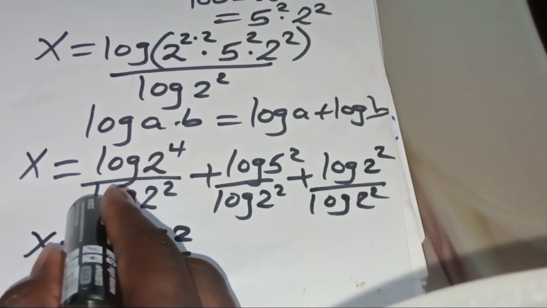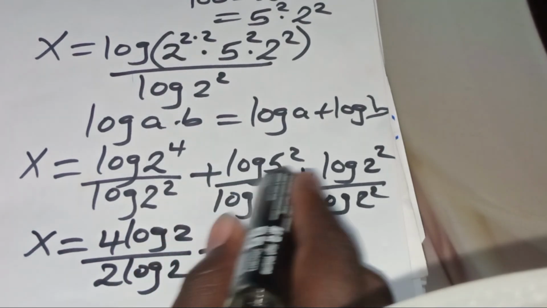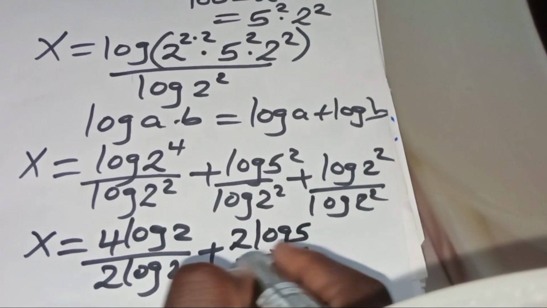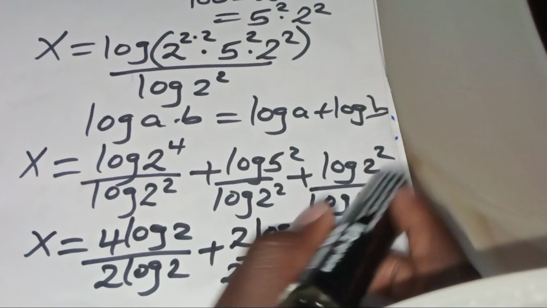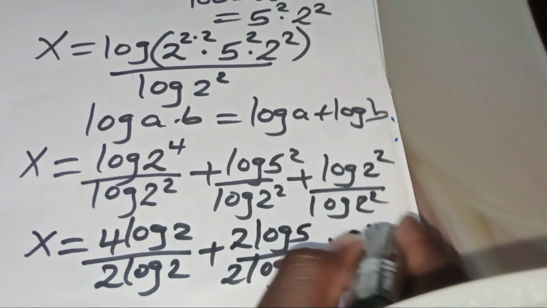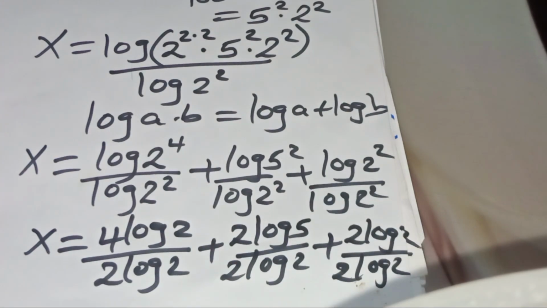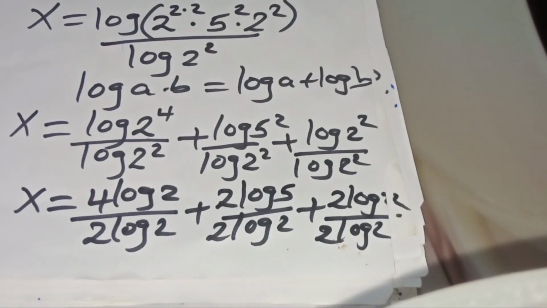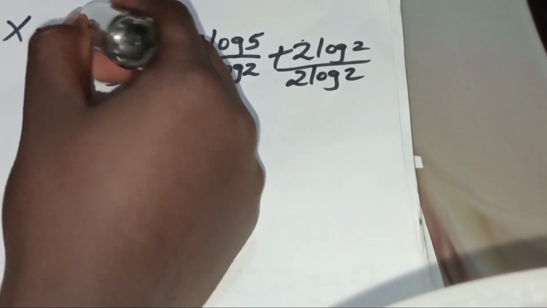divided by log 2 to the power 2, which is 2 log 2, plus log 5 to the power 2, which is the same thing as 2 log 5, divided by 2 log 2, plus log 2 to the power 2, which is the same thing as 2 log 2, divided by 2 log 2. Let's simplify here, cancelling log 2 and this 2.